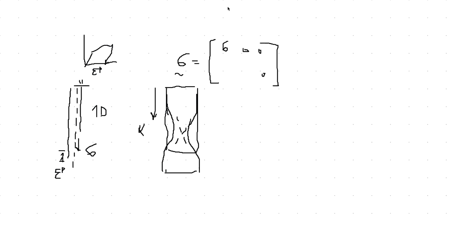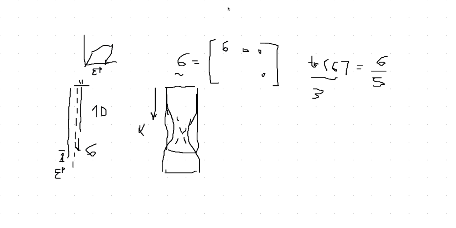So, okay, what is now the deviatoric part? First of all, the trace of sigma is simply you sum up sigma plus 0, so it's sigma. The trace of sigma divided by 3 is basically sigma divided by 3.